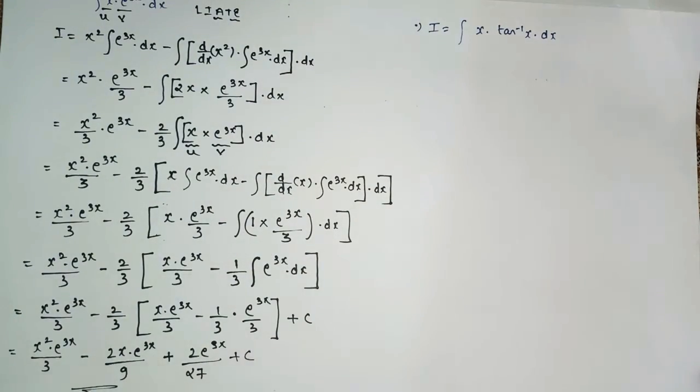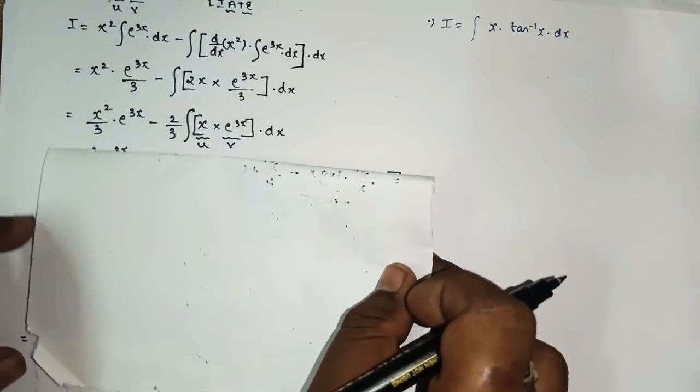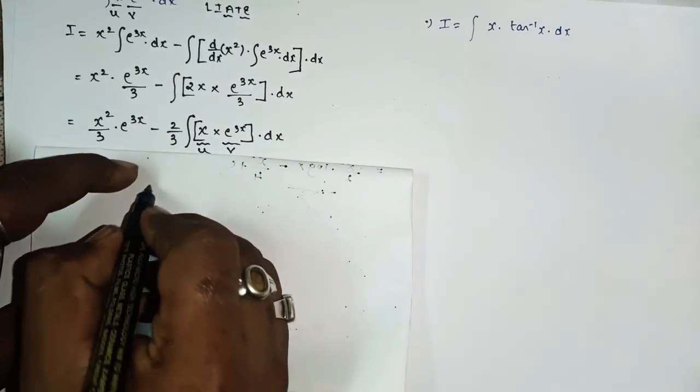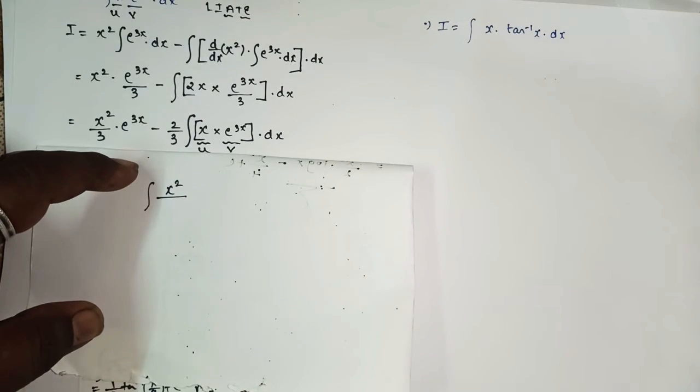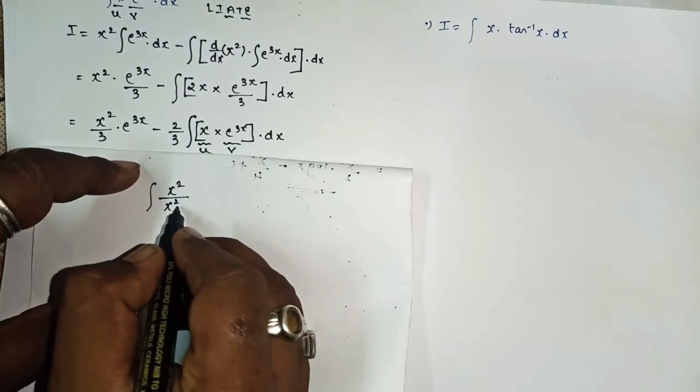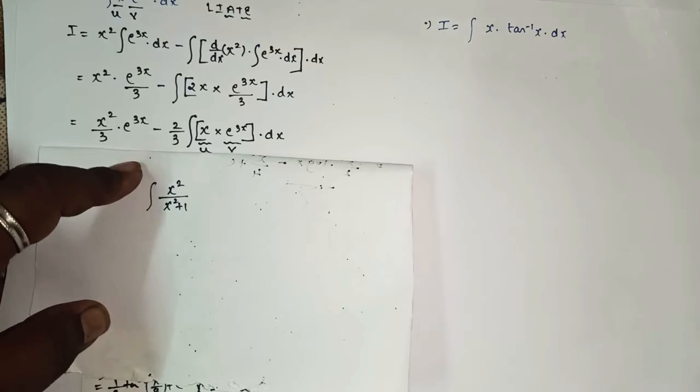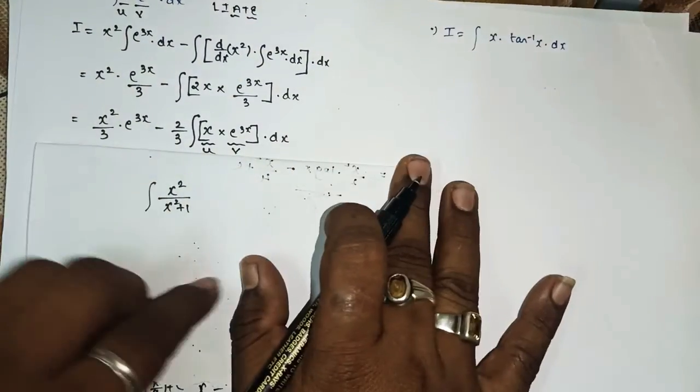So what exactly I want to explain is that whenever you come across an integral function like this, x square upon x square plus 1, yes or no?